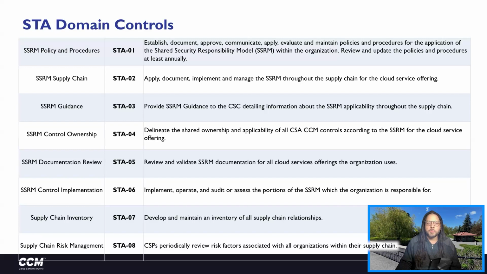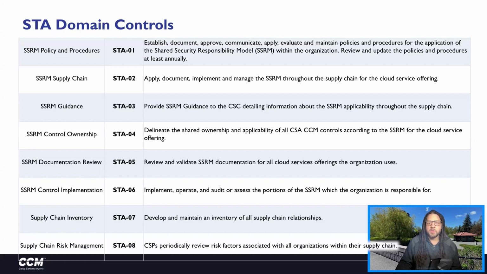In 5 and 6 here, we've got documentation review, where you're validating that you've got a shared security responsibility model documented and that it makes sense for your organization and the relationship between the customer and the provider. The control implementation control, we're making sure that the controls are actually implemented and that they can be assessed.